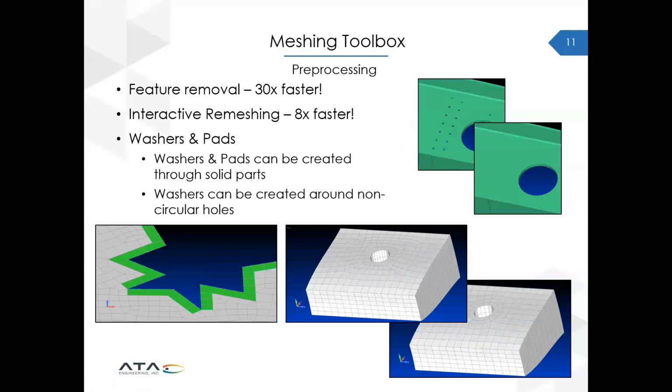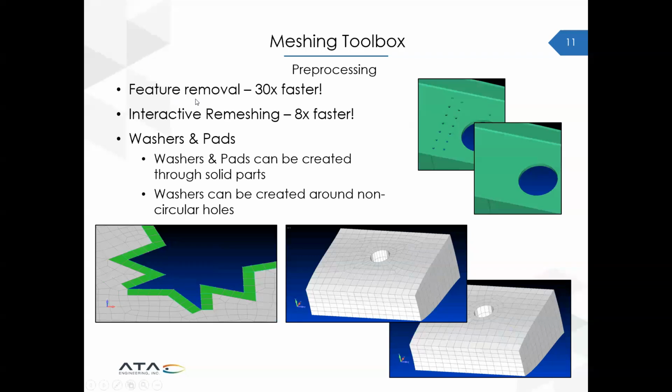The other thing that I want to point out before we get back to Femap is for this feature removal tool and the interactive remeshing and even the washers and pads, everything that we're going to talk about today have all been user requests for the most part, where users tell the Femap developers, this is what we would love to see. This is what would really help us out. And they love to get that feedback. So you can give that to them, you can give that to us, and we'll pass it along.